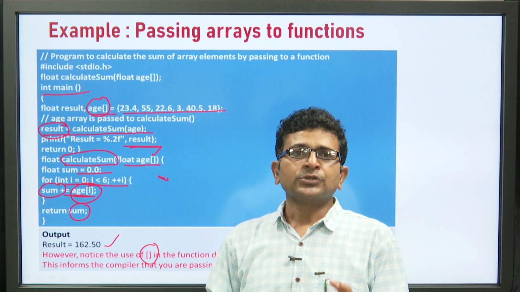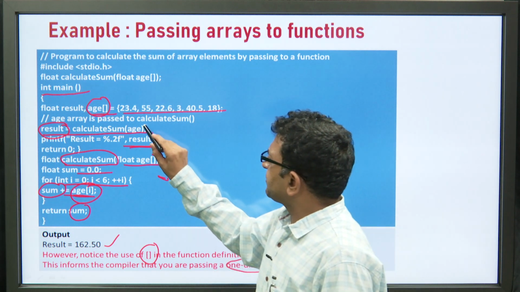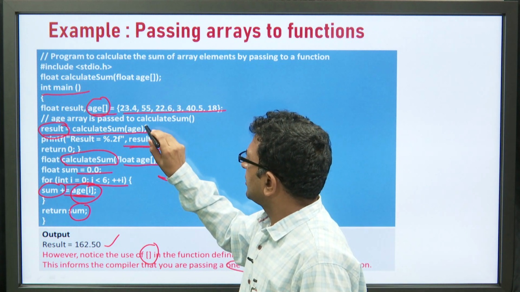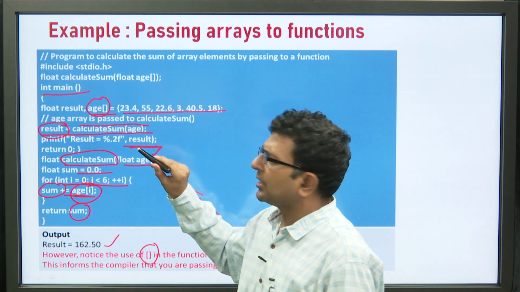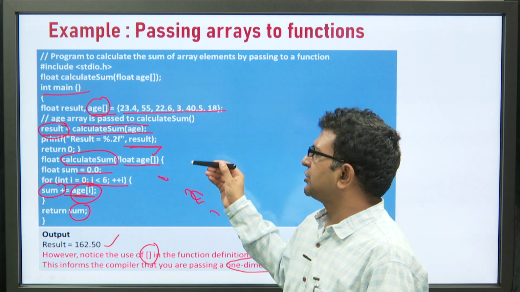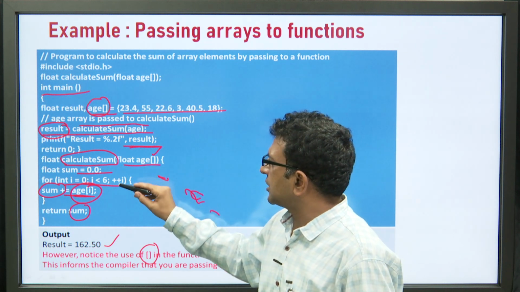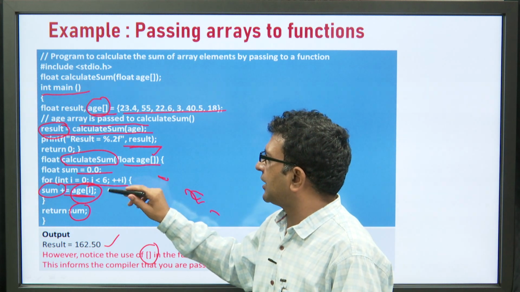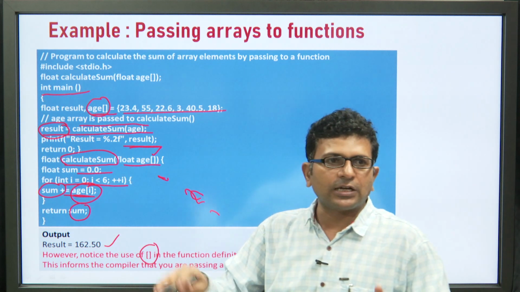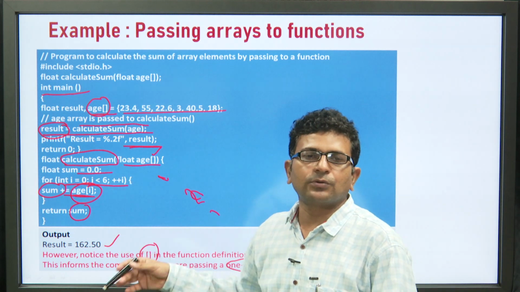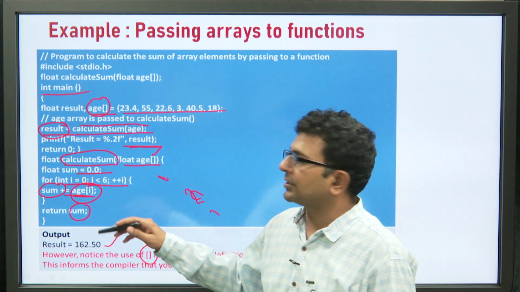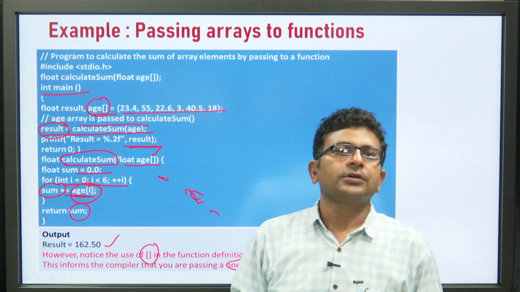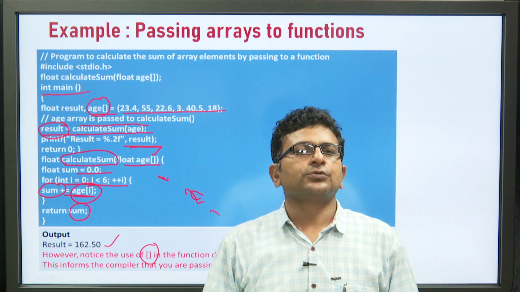During the calling, we just pass the name of the array, which is sufficient, and the function is able to access all the elements of the array, do some calculation, and give a result, which is printed over here. So, this is how we can pass an array to the function.